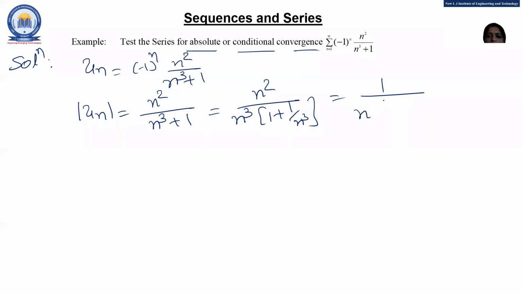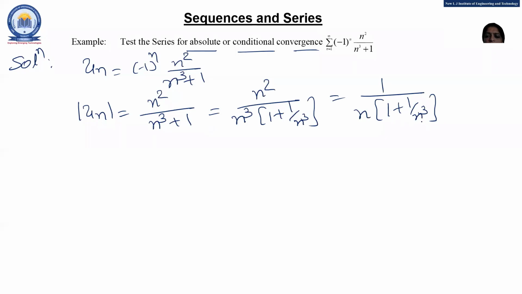I simplify: taking n cube common from the denominator, 1 plus 1 upon n cube, the n square will be cancelled. So the remaining term is 1 upon n, 1 plus 1 upon n cube.